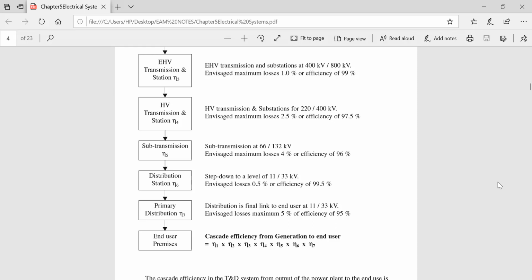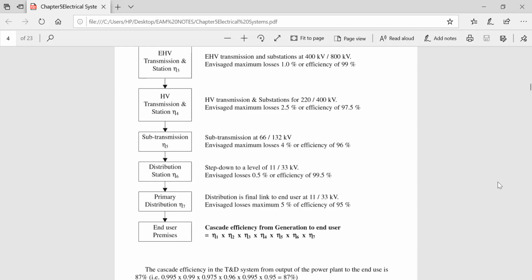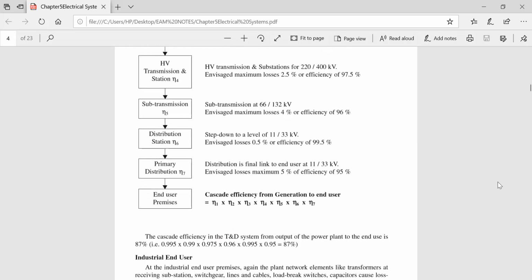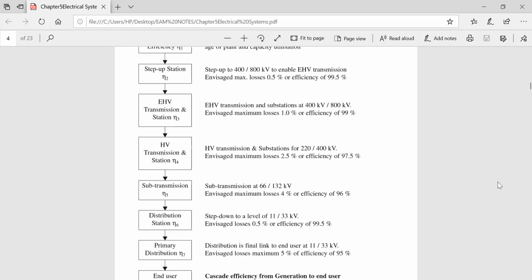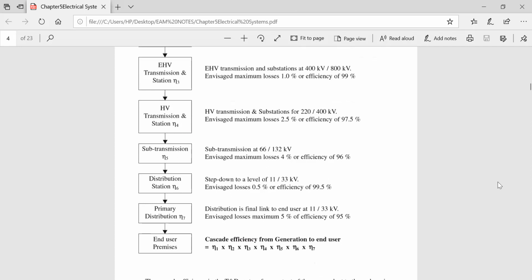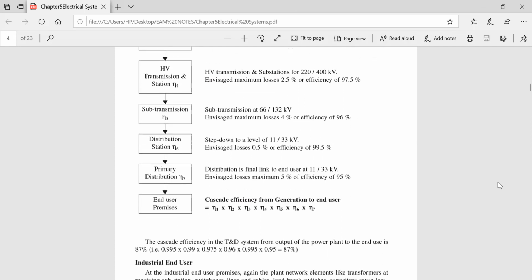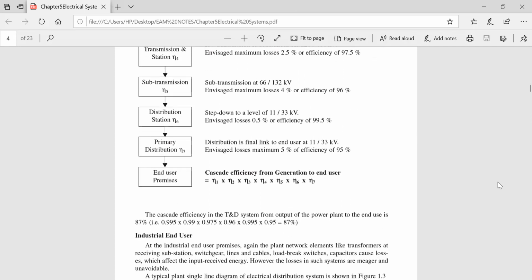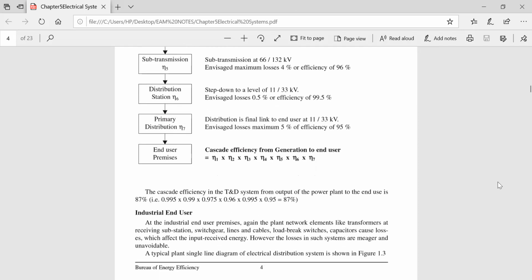When we are cascading all these, whatever efficiencies we got here, we have to multiply them. So the cascade efficiency from generator to the end user will be 99.5%, then 99%, 97.5%, 96%, 99.5%, 95%. All these we are multiplying.